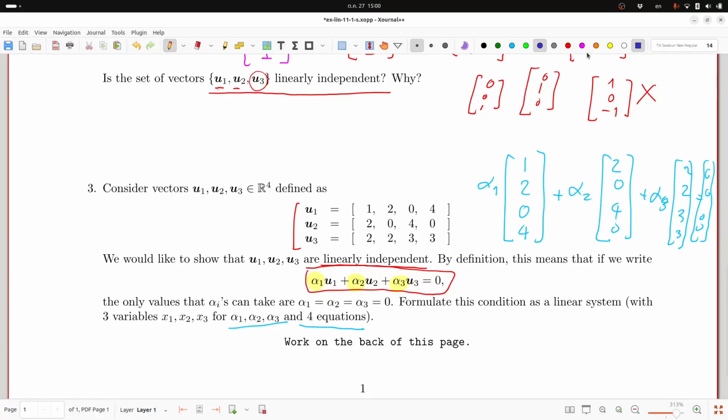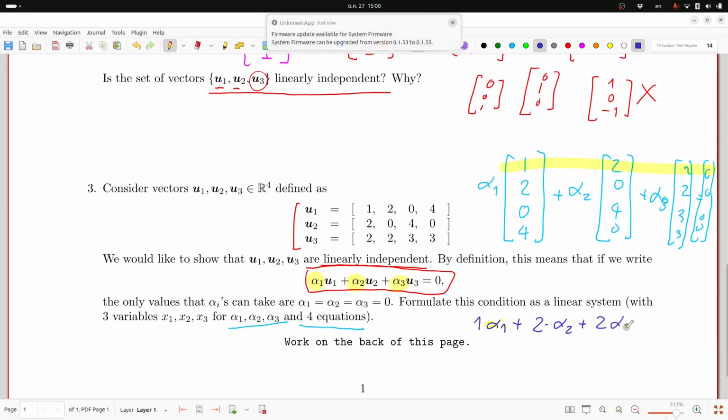You can look at the first coordinate. If you look at the first row, it says 1 times alpha 1 plus 2 times alpha 2 plus 2 times alpha 3 equals 0. That's the first equation. The second equation corresponds to the second row.